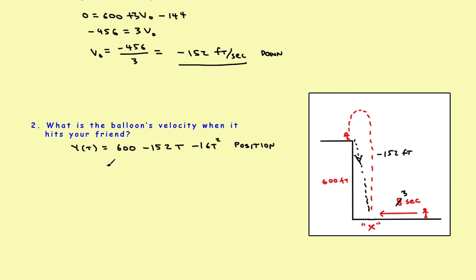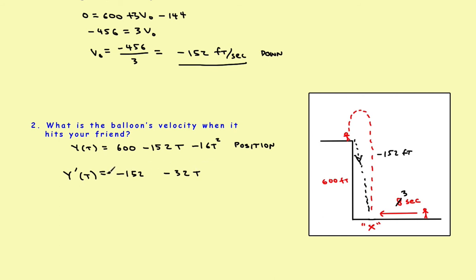You're interested in velocity, so the velocity is the derivative of position, so we'll find the derivative of the position equation. That's a constant, goes to 0. This will become minus 152t minus 30, or pardon me, not a t here, let's get rid of that. Minus 152 minus 32t. So it looks like that.